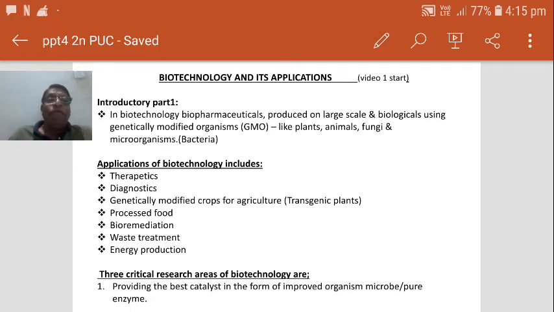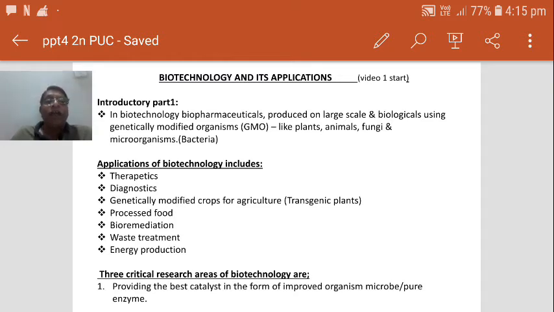In brief, coming to the applications of biotechnology, using genetically modified organisms, we produce therapeutics. Therapeutic drugs we prepare, we manufacture. These drugs are used against the diseases.